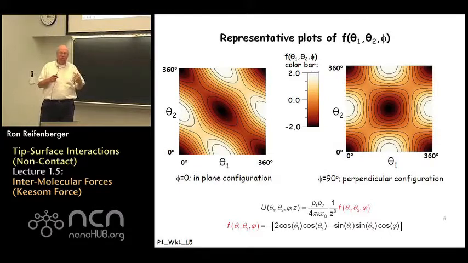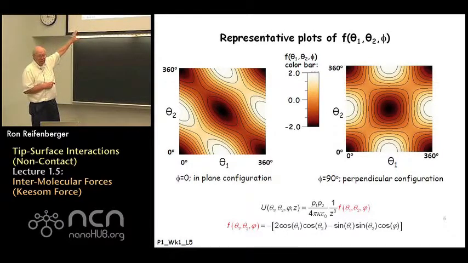So for those angles, theta 1 and theta 2, that are indicated by white on this diagram, that indicates an unfavorable orientation of the dipole moments. For angles theta 1 and theta 2 that are indicated by dark black on this diagram, those are energetically favorable orientations of the dipole one with respect to another.